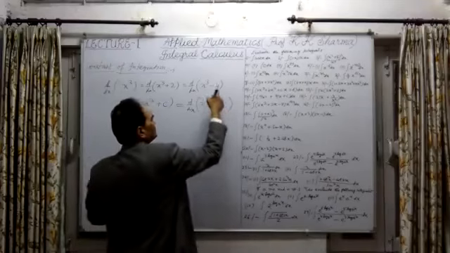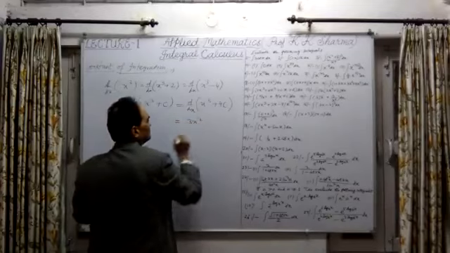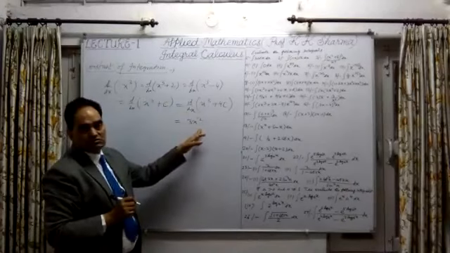A number of constants are here, but they have a similar result, that means 3x square only. The answer is that differentiation of all these functions is equal to 3x square.